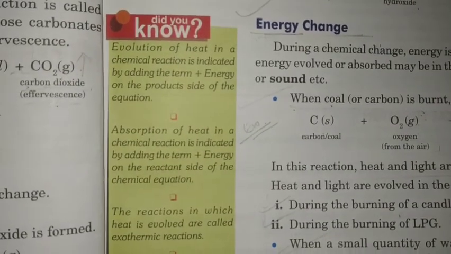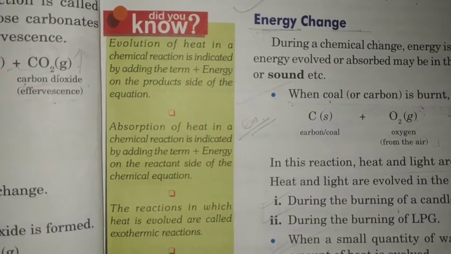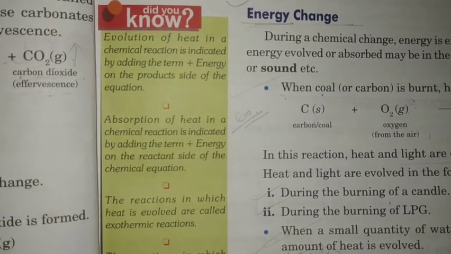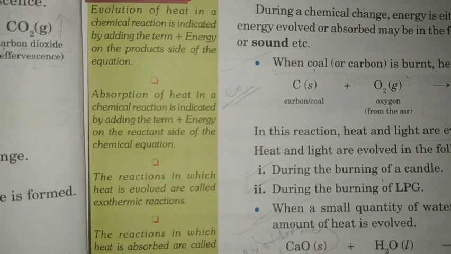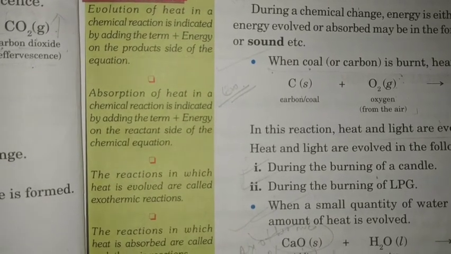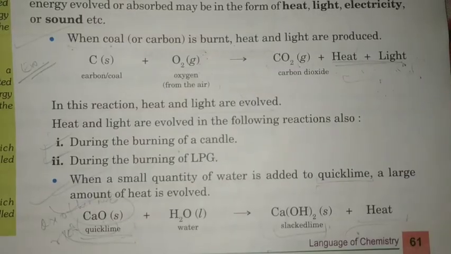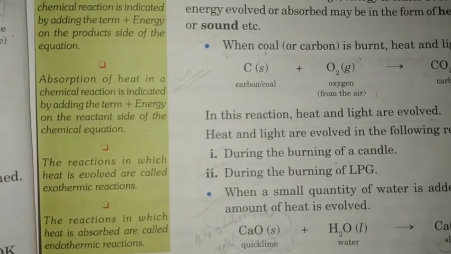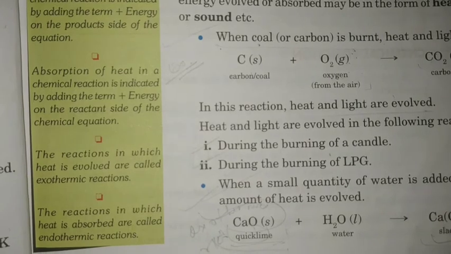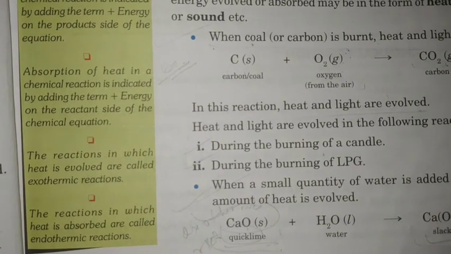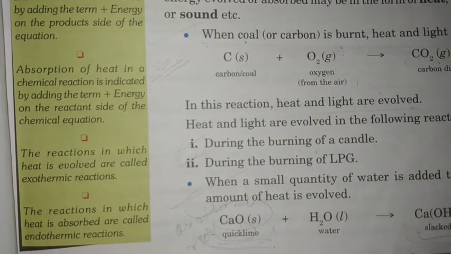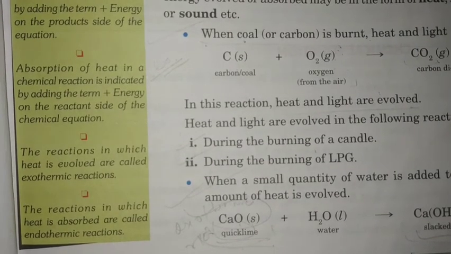Now here you see, evolution of heat in a chemical reaction is indicated by adding the term plus energy on the product side of the equation. Absorption of heat in a chemical reaction is indicated by adding the term plus energy on the reactant side of the chemical equation. The reactions in which heat is evolved are called exothermic reactions, and the reactions in which heat is absorbed are called endothermic reactions.